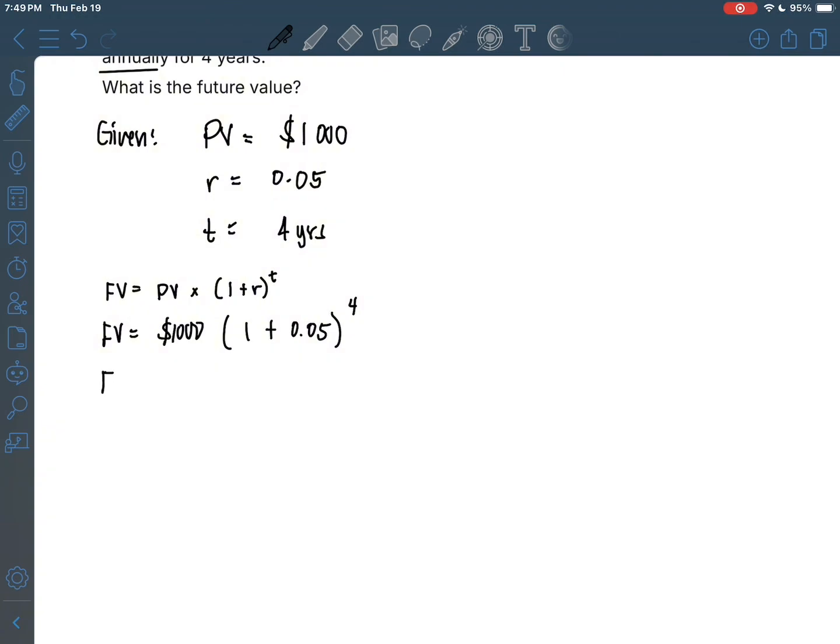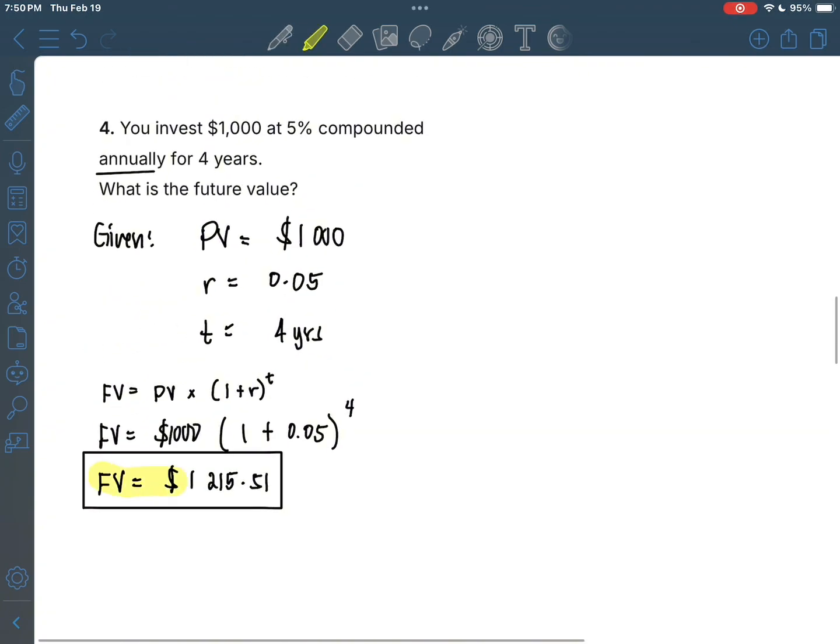So our FV is $1,215.51. So this is now your future value if you invest $1,000 for 4 years, compounded at 5% for 4 years.